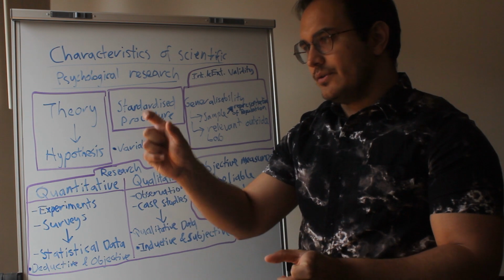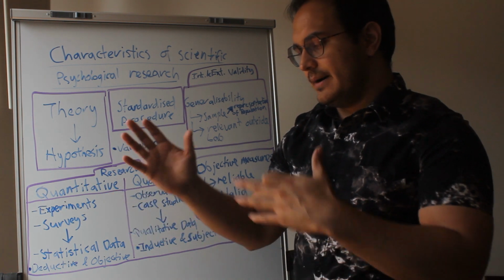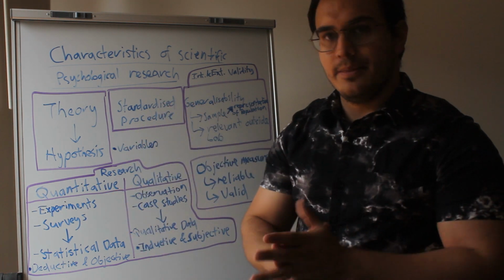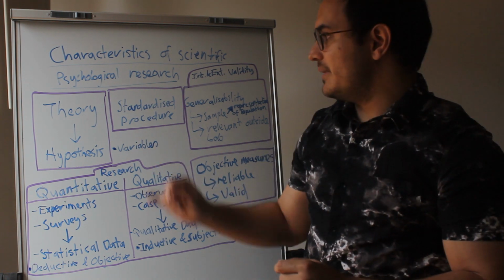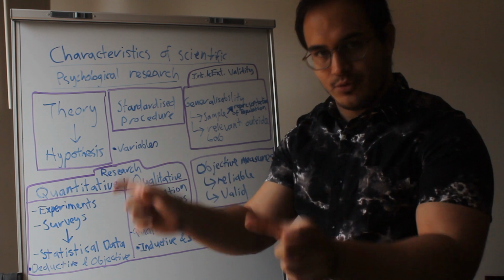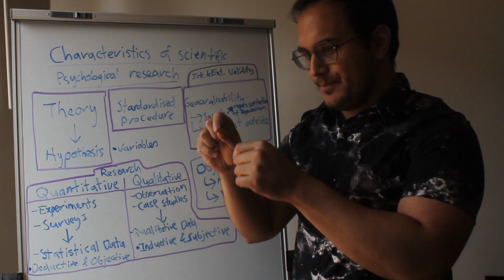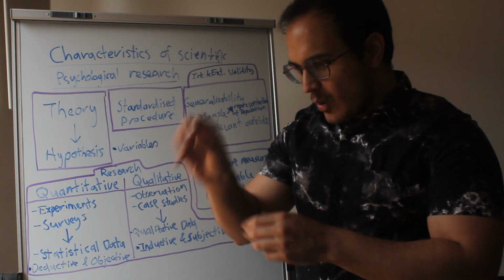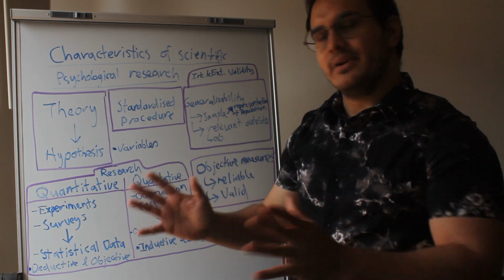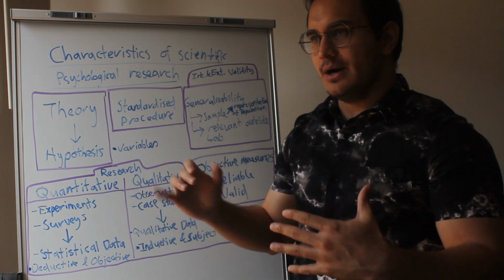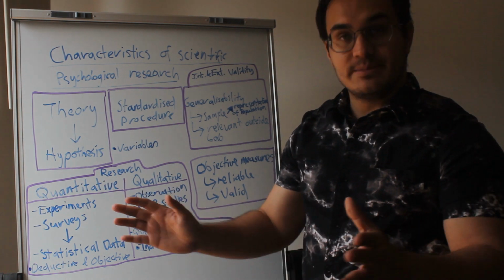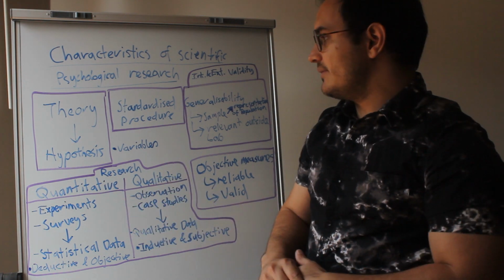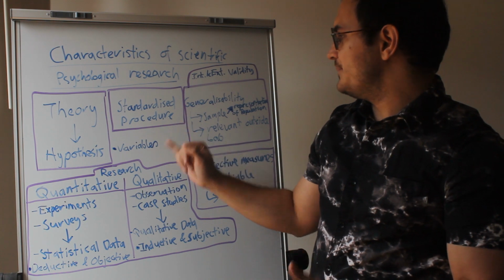Obviously the control group would do one thing, and where you're testing the variables, they'll do another thing, but it has to be standardized in each group. You can't have different members within one specific group doing completely random different things. It has to be a standardized procedure, in an experiment or in a survey or whatever you're doing.